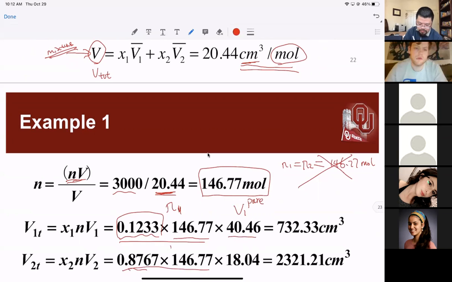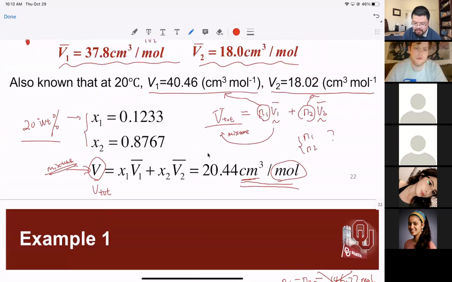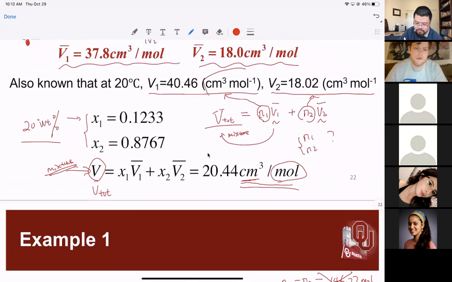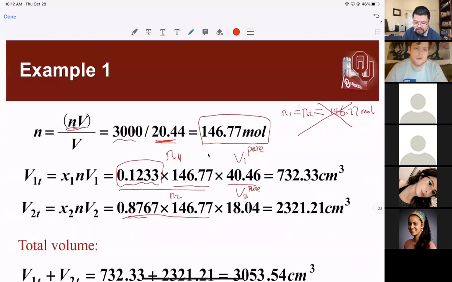This is N2, V2 pure. V1 and V2 pure, the two values are also provided as the specific volume. So if I know the number of mole, then I can calculate the total volume needed for the pure 1 and the pure 2.